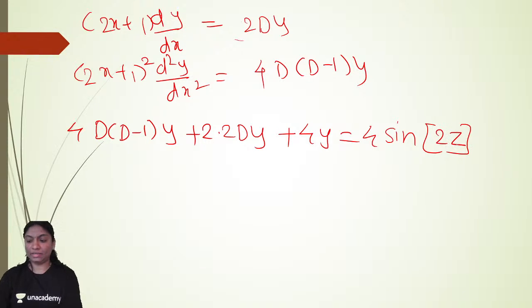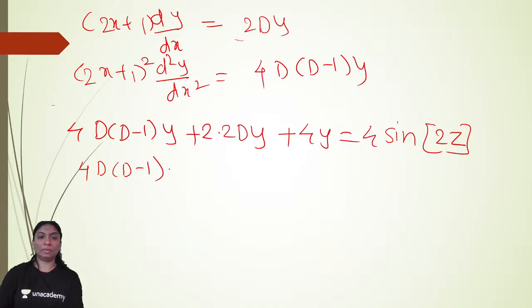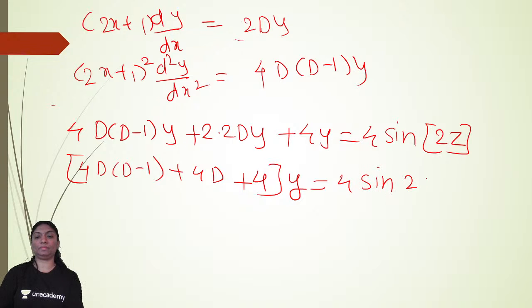How do I write this as a differential equation with constant coefficient? You will get 4 into D into D minus 1 plus 4D plus 4 of y is equal to 4 sine 2z. If you observe, 4 is common everywhere, so I will take 4 common.